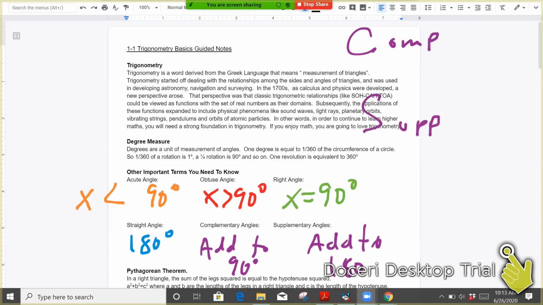If you look at the C in complementary and you add a line right here, it looks like a 9 for 90 degrees. So complementary angles add up to 90. And the S in supplementary, if you put a line right there, looks like an 8. So that's 8 for 180, supplementary.